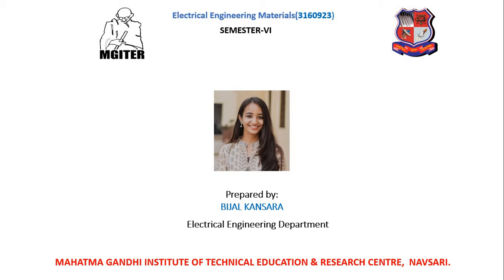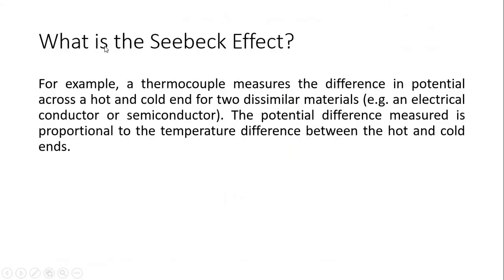Now, what is the Seebeck effect? For example, a thermocouple measures the difference in potential across the hot and cold ends of two dissimilar metals, for example an electrical conductor or a semiconductor.